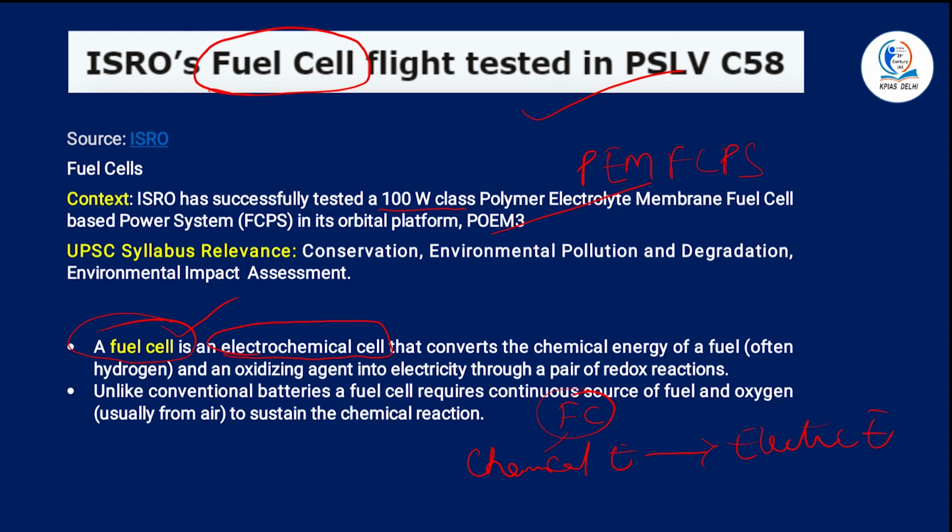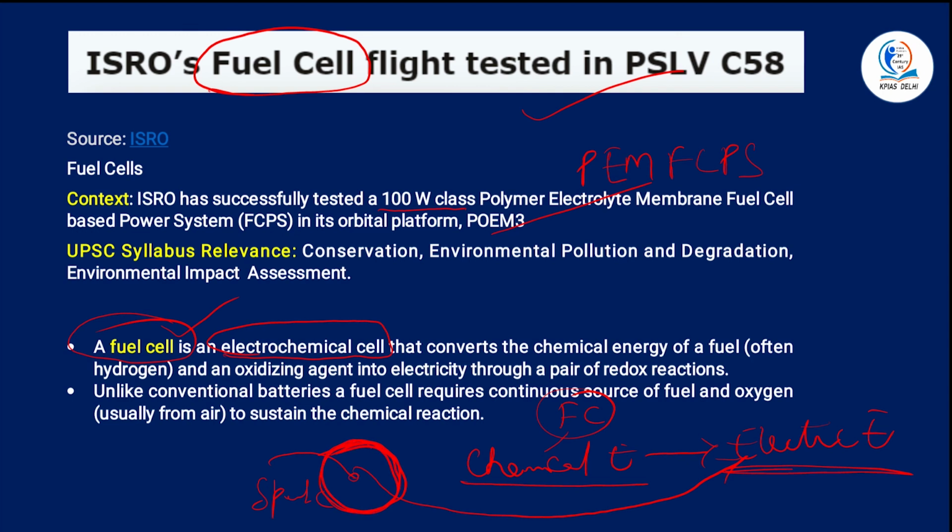In order to transform this chemical energy into electrical energy, some spontaneous chemical reaction has to happen within this particular cell. This spontaneous chemical reaction happening in the cell will generate electricity. So how does this spontaneous chemical reaction happen?